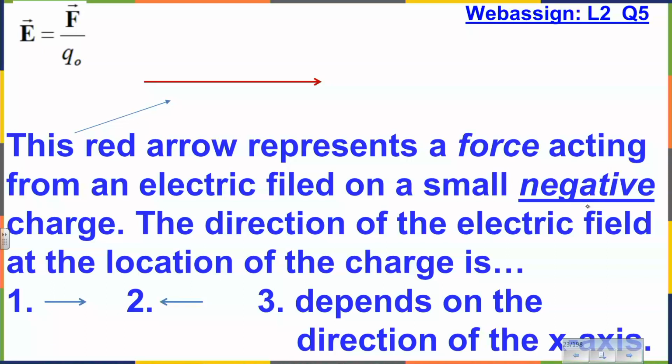Represents a force. First of all, we don't like fractions. Normal people don't like fractions. So that equation usually people write differently, like this.